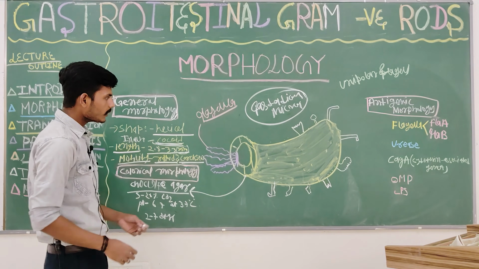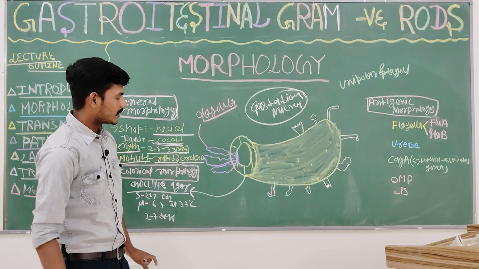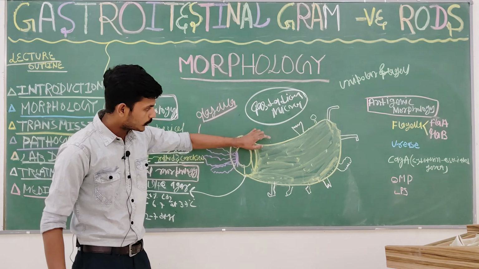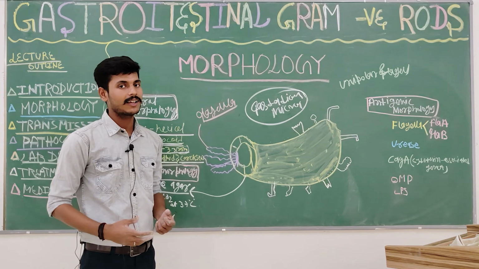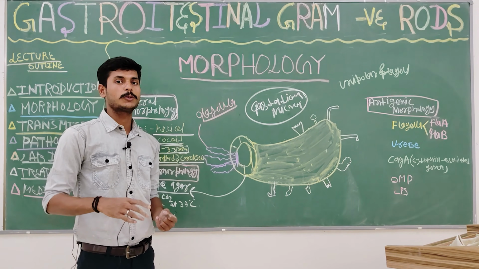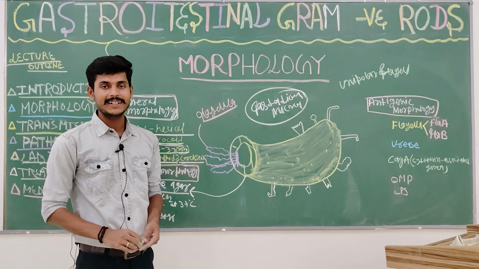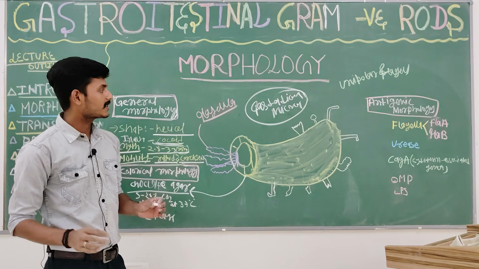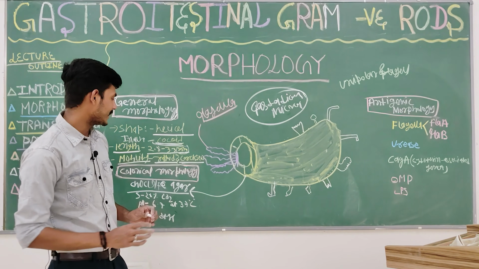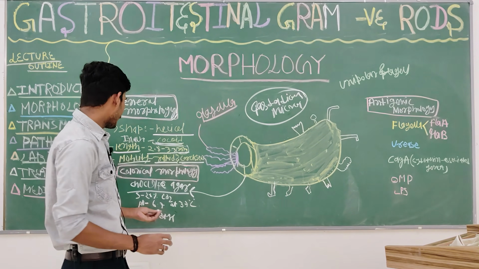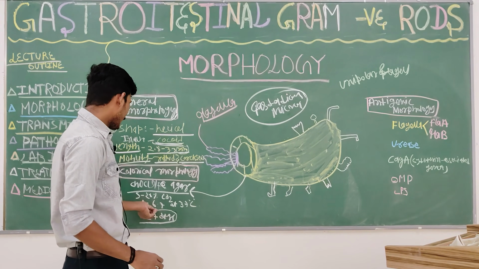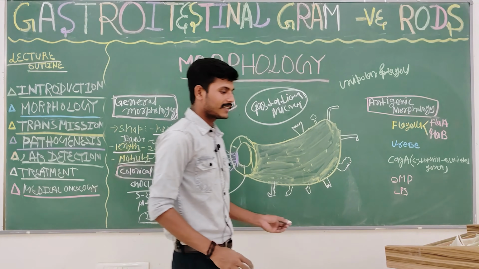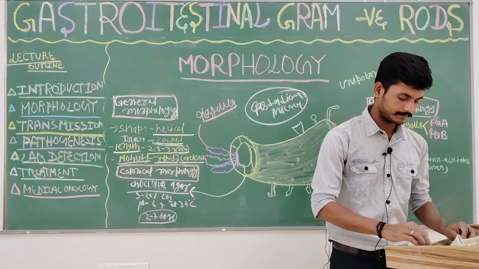Now, their requirement is, in order to nurture this bacteria, we have to put in 5 to 20% carbon dioxide. The most optimum temperature is 37 degrees Celsius, and about their pH, they are basically an acidophilic bacteria.